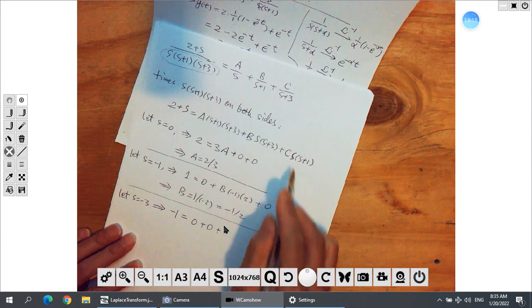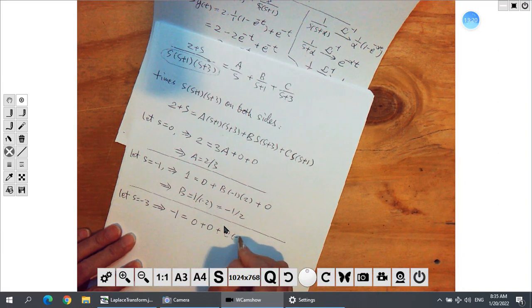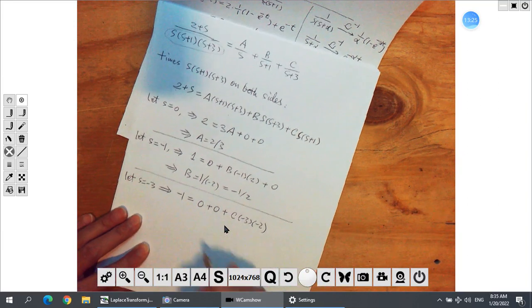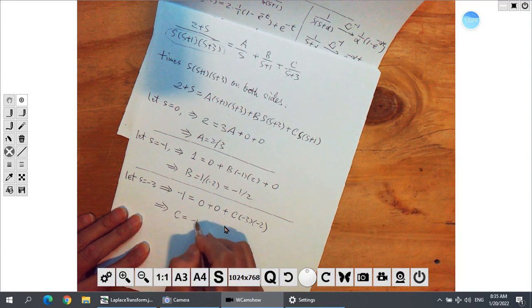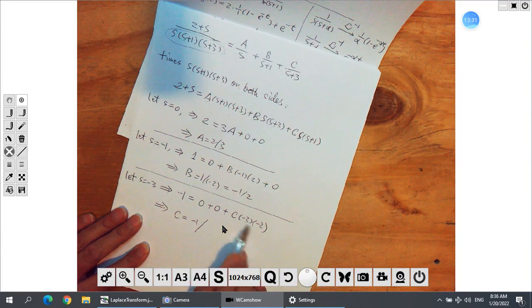And c times -3 times -2. Then we have c equal to -1 over 6, right? Negative over negative is positive, so positive 6.